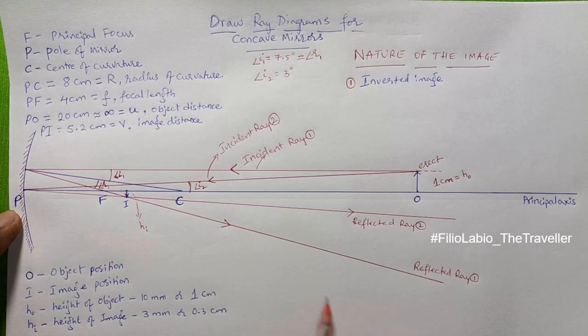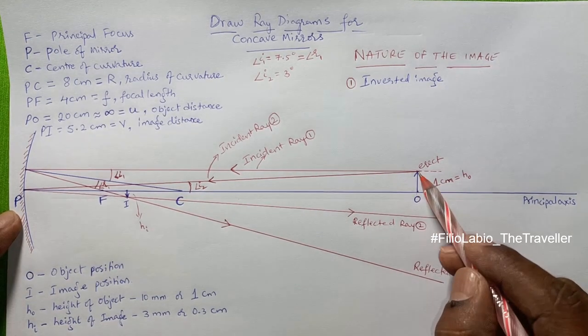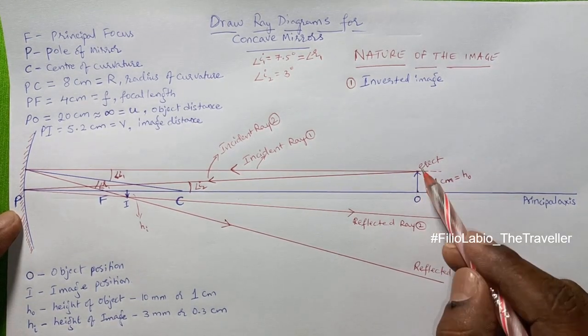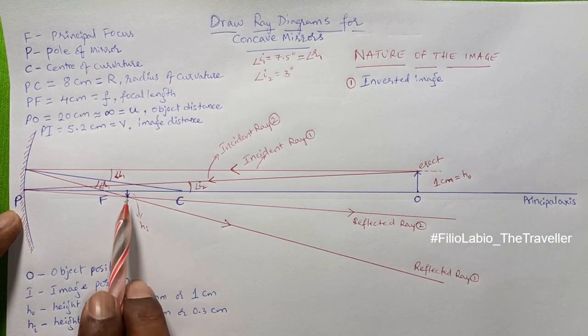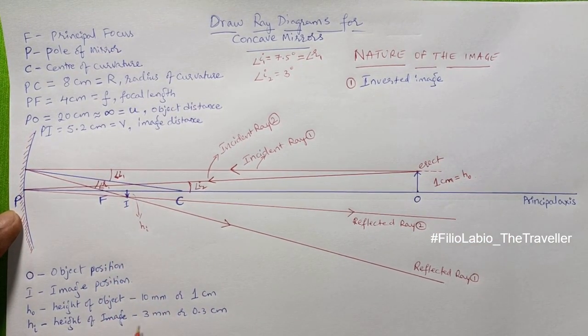Second point: what is the height of the object? Object height is 1 centimeter. What is the height of the image? The image height is only 3 millimeter, or 0.3 centimeter. Comparing these two, object height and image height, the height is reduced.